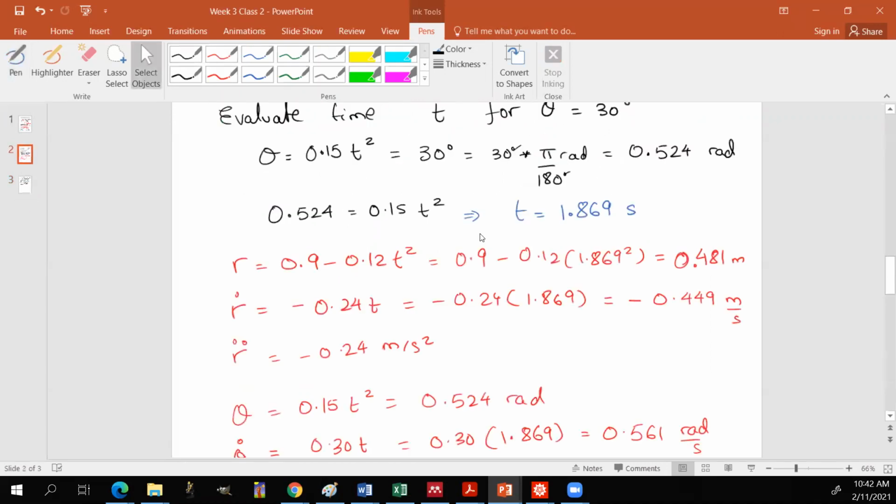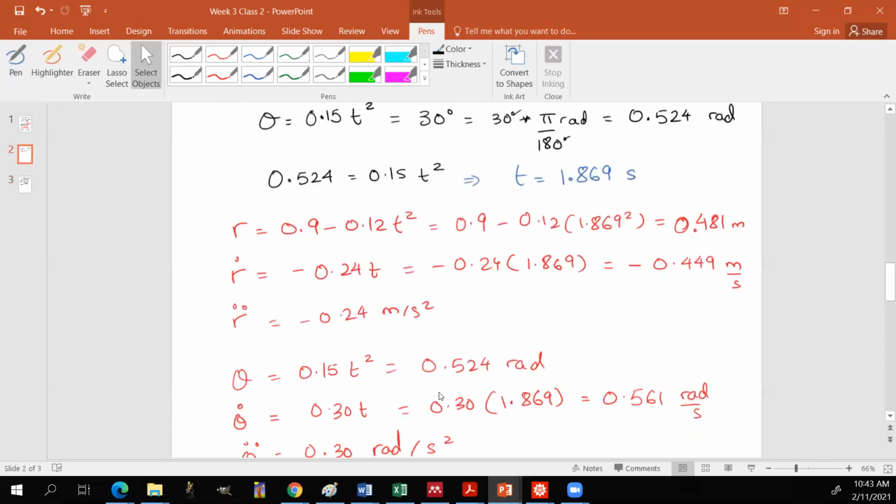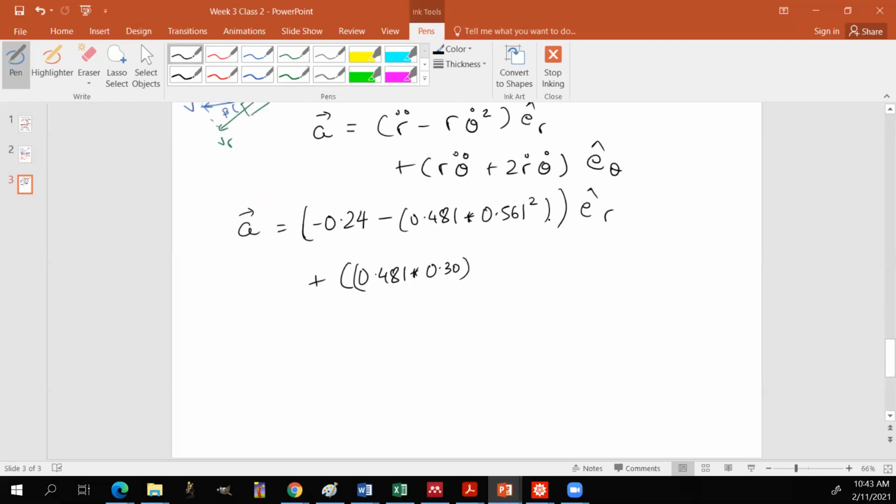Plus e_theta is r times theta double dot. So what was r again? 0.481. What was theta double dot? It was 0.30. And then you have plus 2 r dot times theta dot.